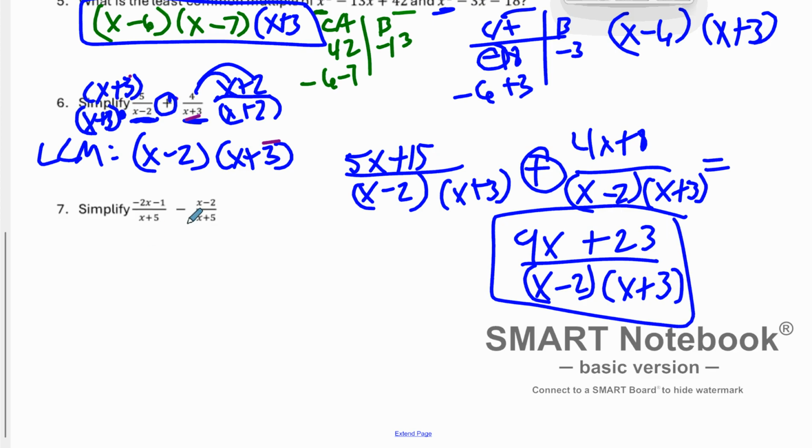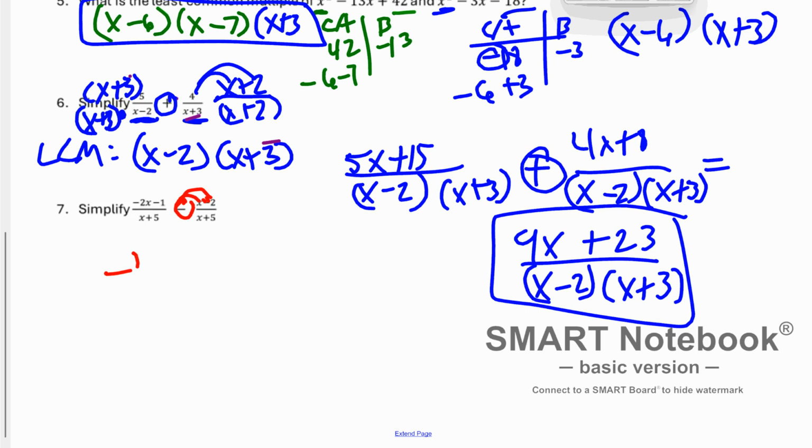Okay, this one, we already have a common denominator, so that's kind of nice, but if you didn't, you do the same thing as number 6. Write your LCM. Usually it's going to be the multiplying of these factors, but since they're the same, we already know what the common denominator is, so the only thing I have to be careful of is this negative. I have to distribute it to both the x and the 2, and the negative 2.